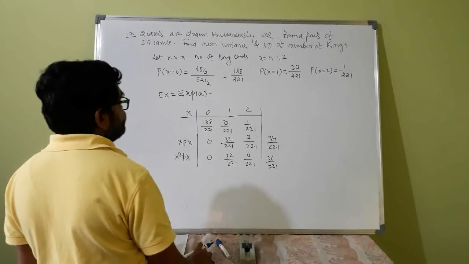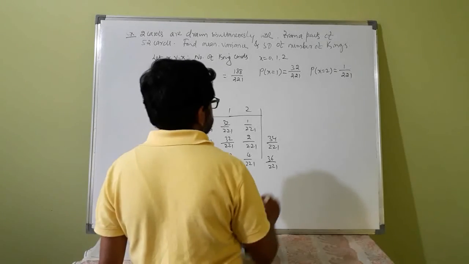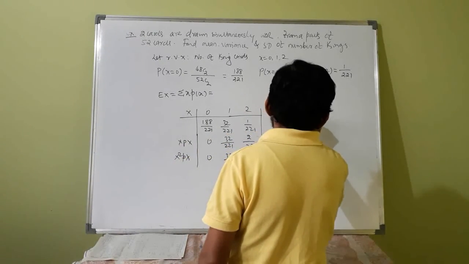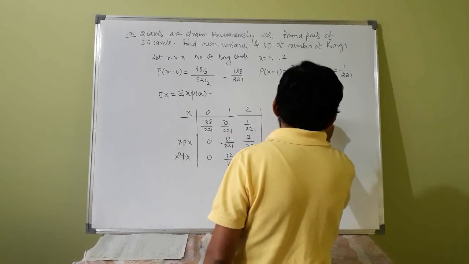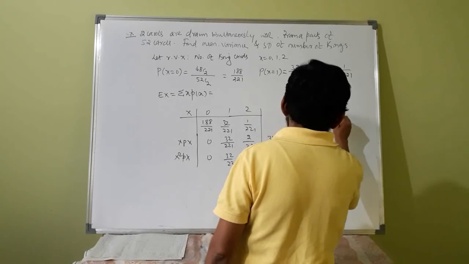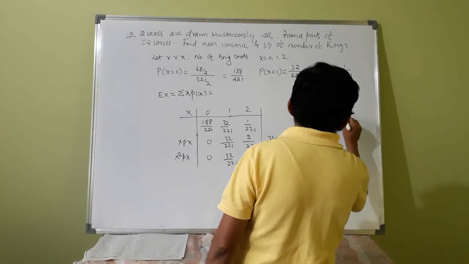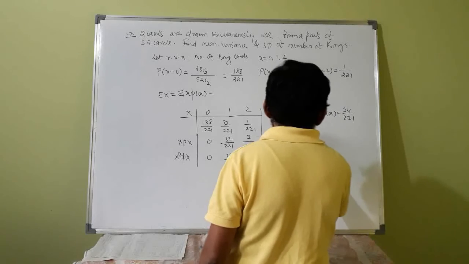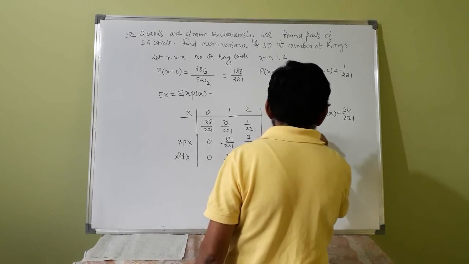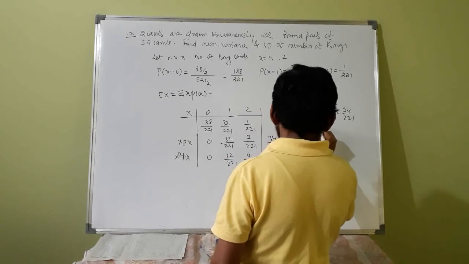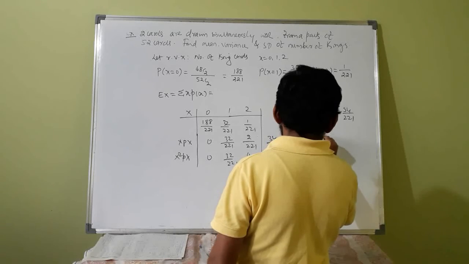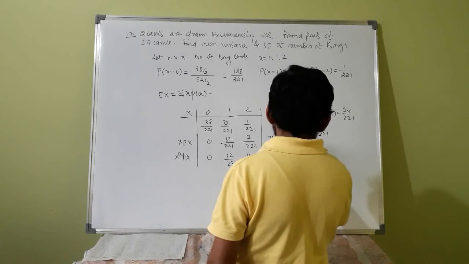So expectation of x is summation x p(x), this is already available, 34 by 221. Expectation of x squared is 36 by 221.